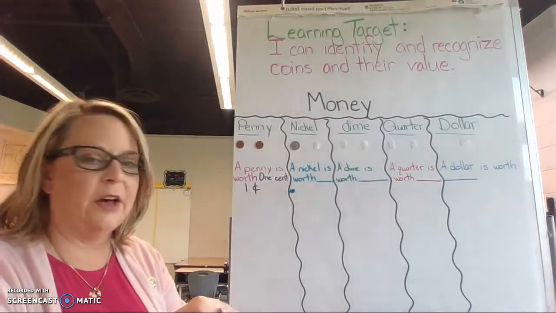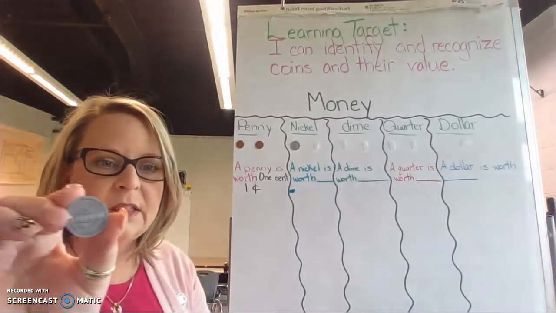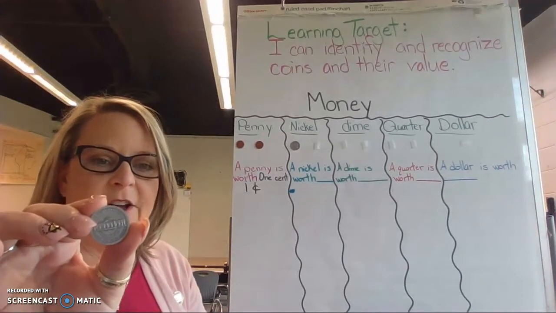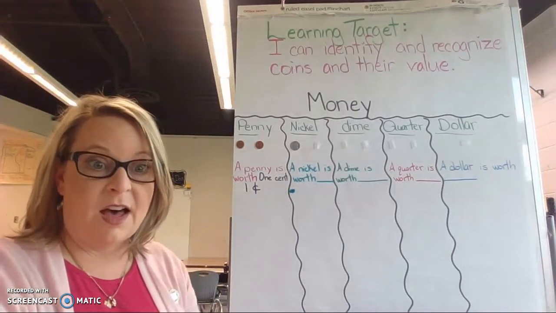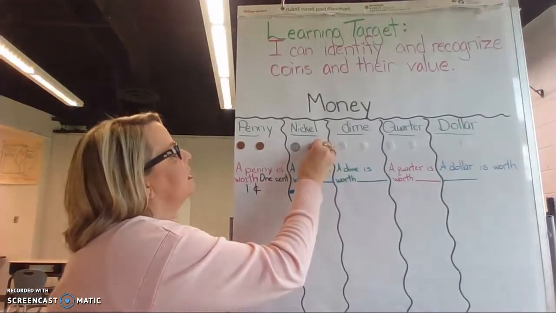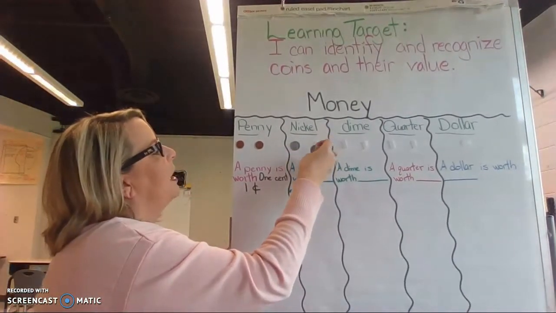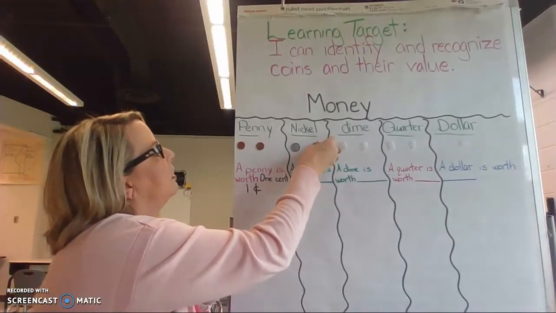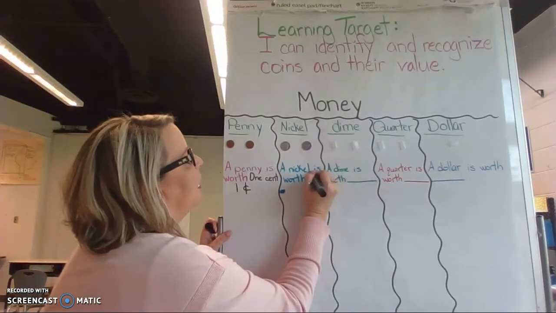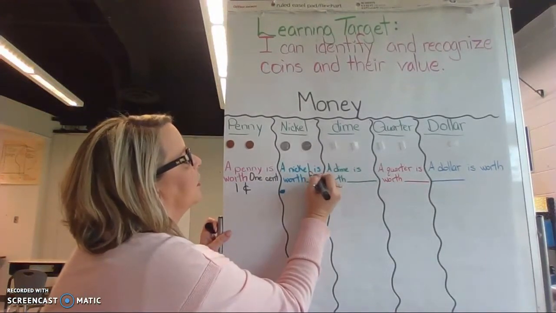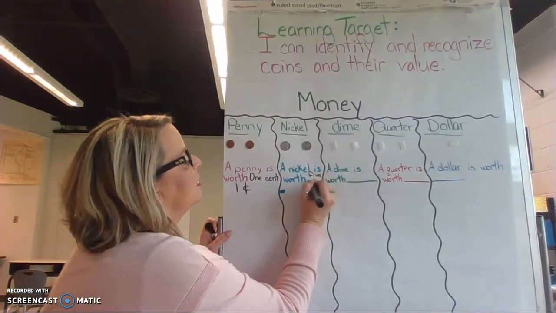It doesn't tell you the value of the coin. But if you look at the tail side, underneath the building, it has the words 5 cents. And we're going to write that down. 5 cents.